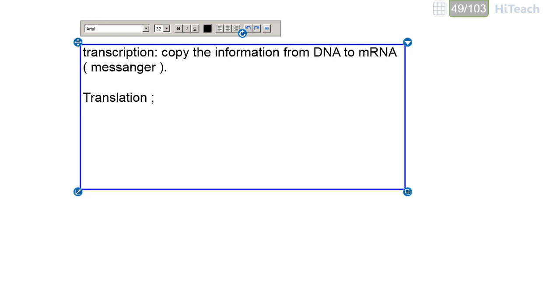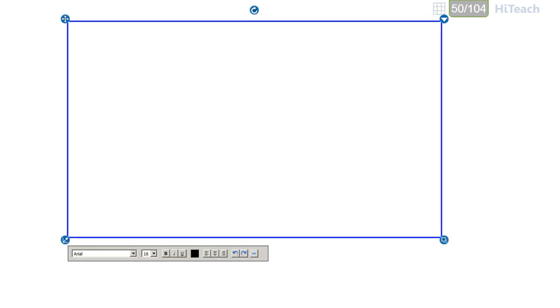What I want you to know from this video is the structure of the DNA, the difference between the structure of the DNA and the structure of the RNA, and the three types of RNA. I'm going to write the types of RNA. The first one is messenger RNA, mRNA.